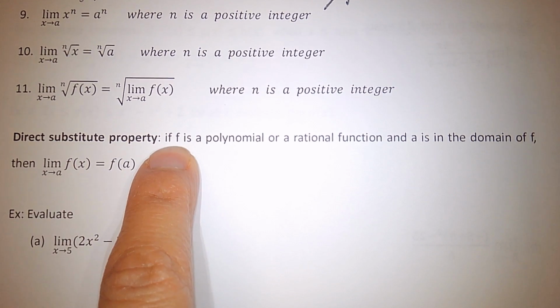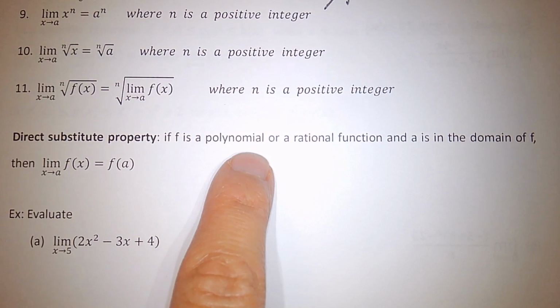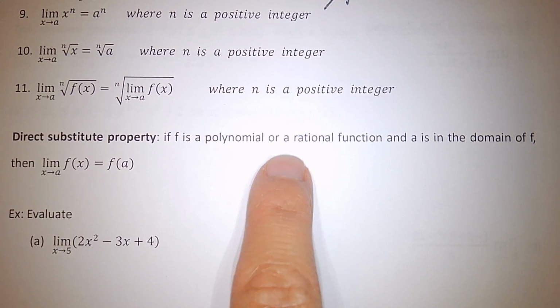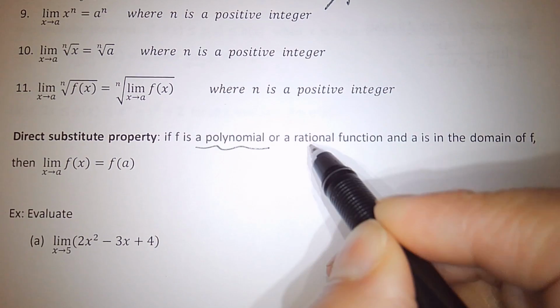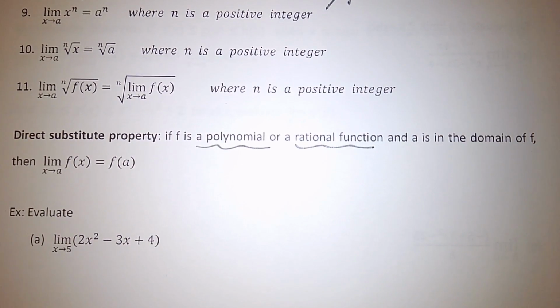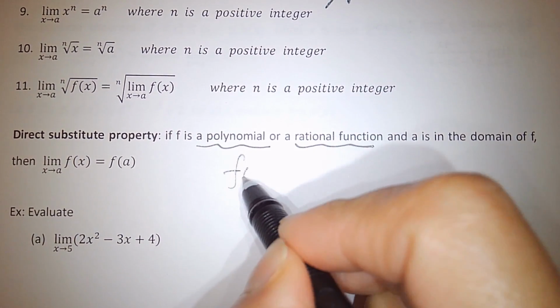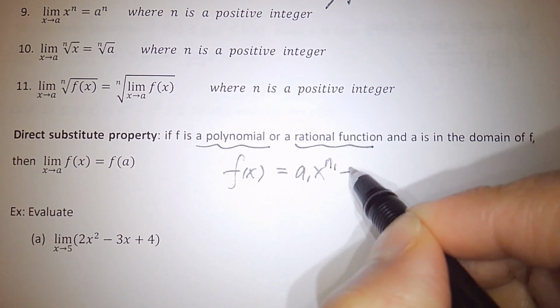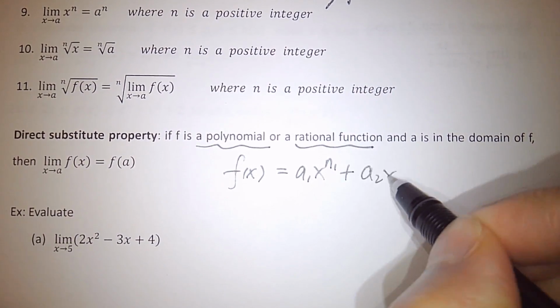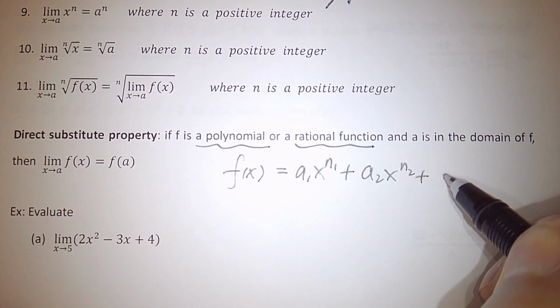If function f is a polynomial function or a rational function, so f is either a polynomial or a rational function. Do you still remember polynomial functions? I'll give you an example. a1 x to the n1's power plus a2 x to the n2's power and so on.